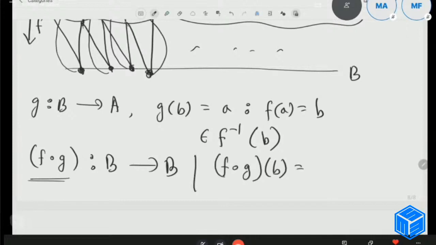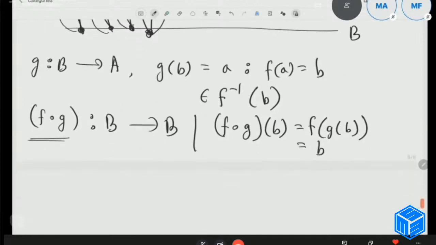So f of G of B. Well, by assumption, G of B is an f inverse of B, right? So f of G of B is just B. Correct. f composed with G is actually equal to the identity on B. Right?